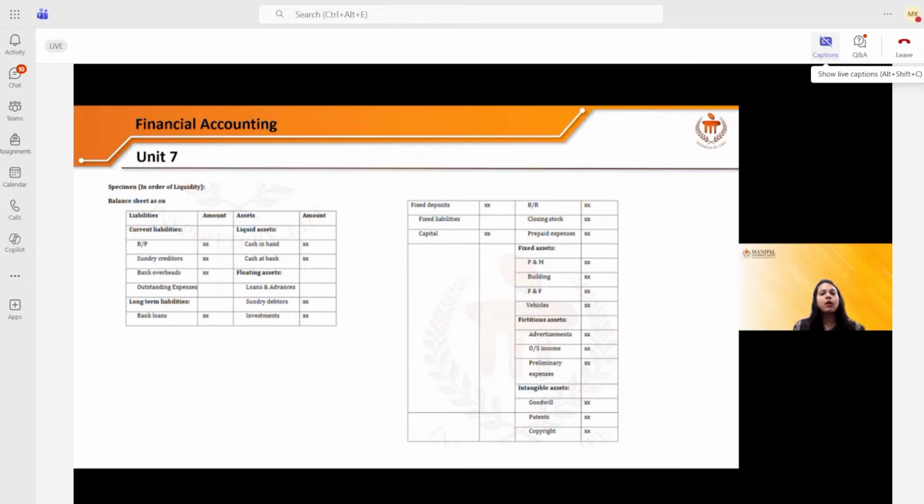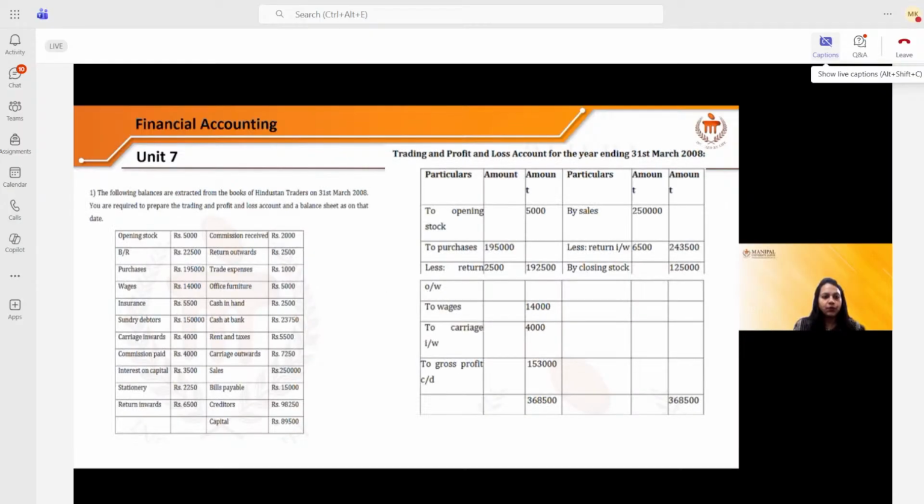So you must know what is assets and what is liability. Closing stock is 1,25,000. It is an asset. I will write A for assets.